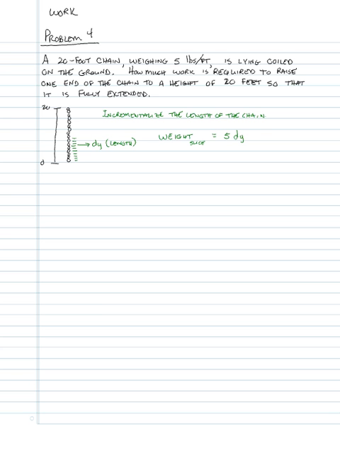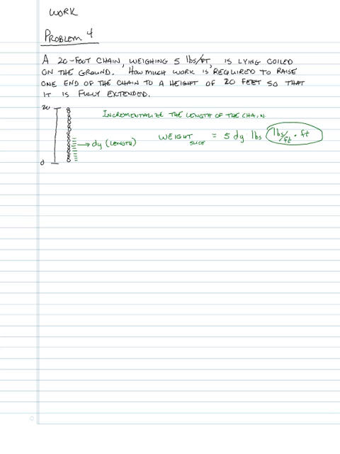So that's the total weight for one of those infinitely small pieces. 5 pounds per foot, and remember dy is an infinitely small number of feet. So pounds per feet times infinitely small length in feet gives pounds. So that's the idea that this is in pounds. Okay?